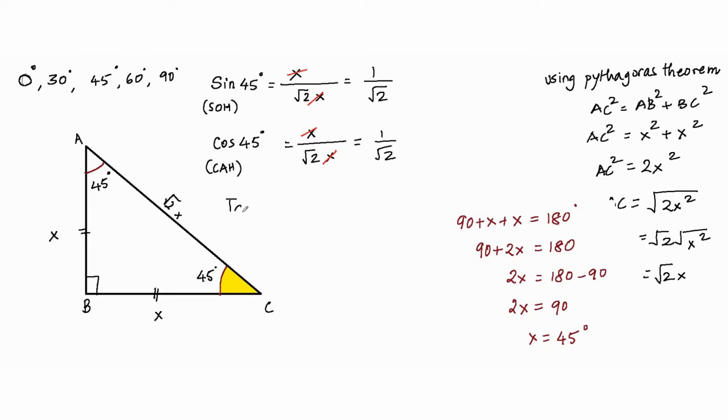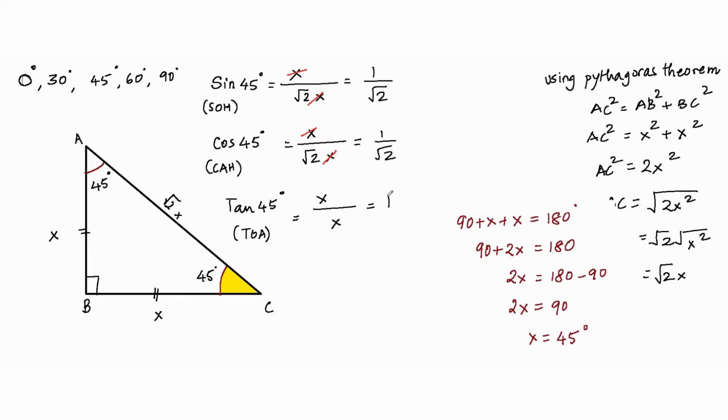Let us now find tan 45. So tan is TOA. So tan 45 can be written as opposite upon adjacent. The side which is opposite to 45 is x, and the side which is adjacent to 45 is also x, and x upon x is equal to 1.